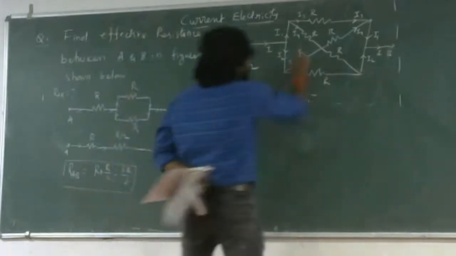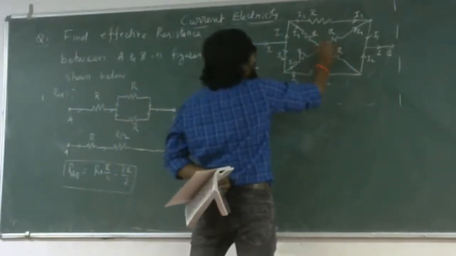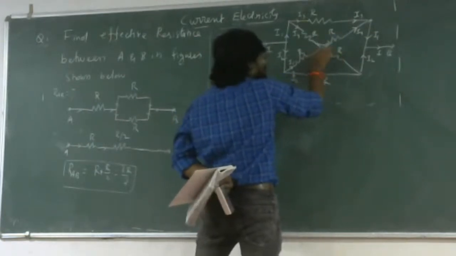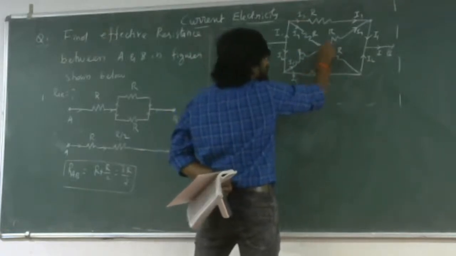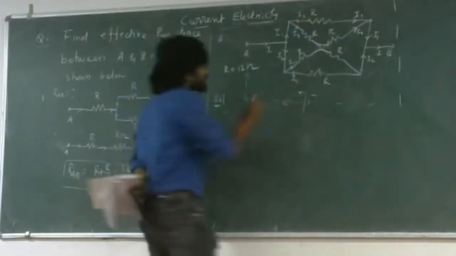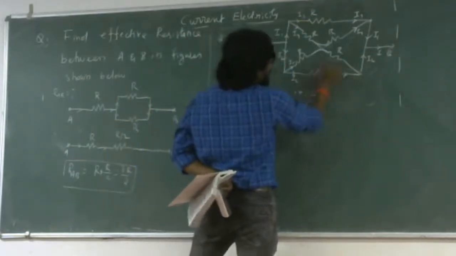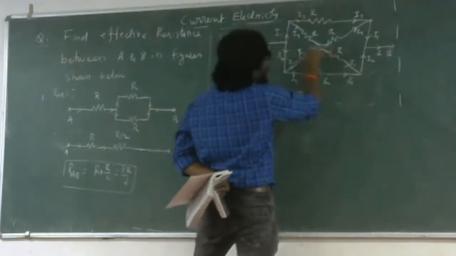That means this I4 is going like this, not dividing here. That means this circuit acts like it is not in contact with this. So this also acts like it is not in contact with that. So here I2 is coming as this, I6 will come here as this, and I5 should come as this. So that means there should be no contact.